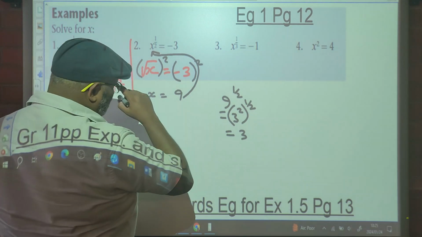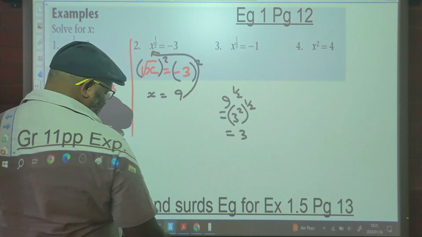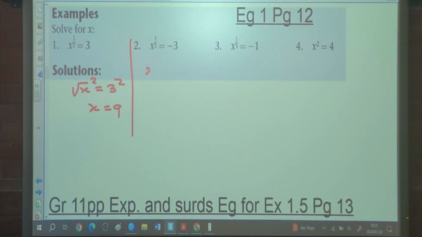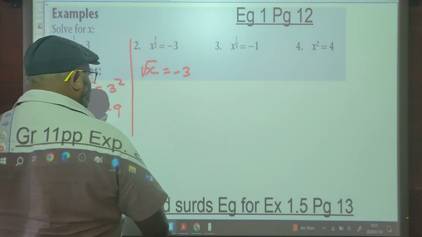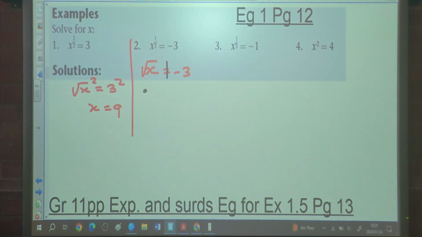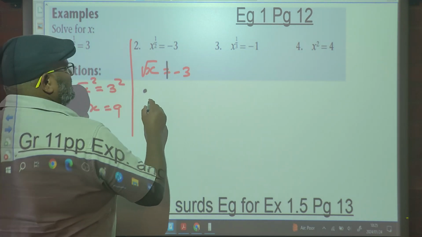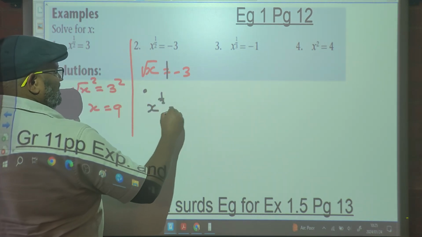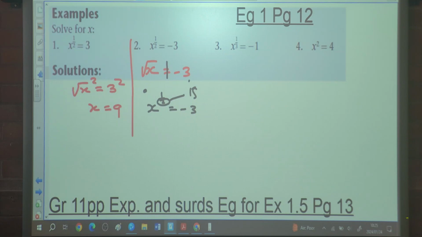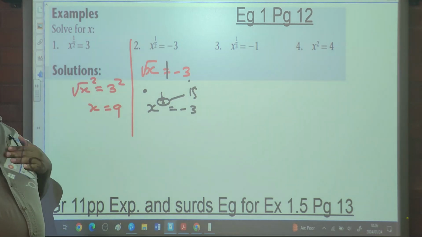So we'll make a note there: from a square root, you'll never get a negative. Can you see that, people? From a square root, you'll never get a negative. So then you say no solution. Or we can say, if the denominator of the exponent is even, you can make a note there, then the number on the other side must be positive.